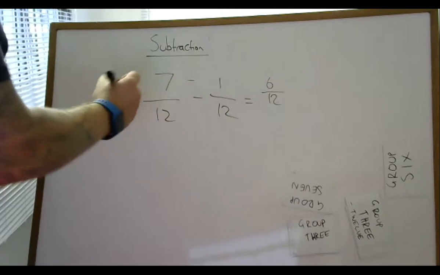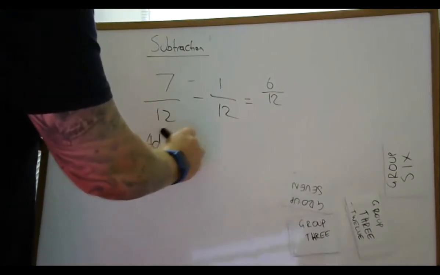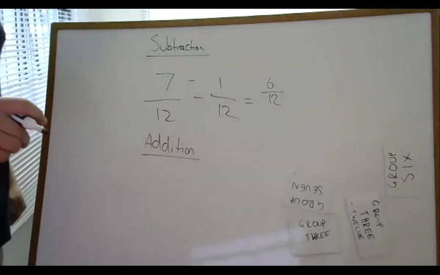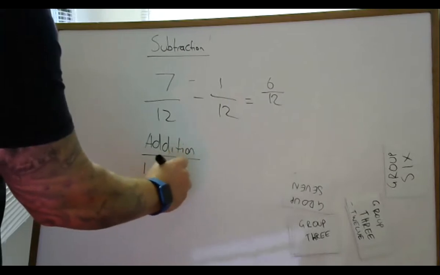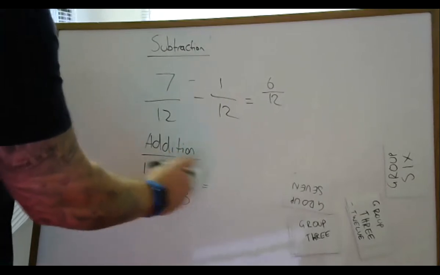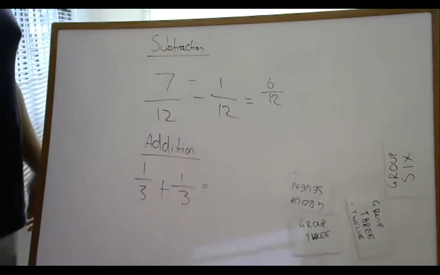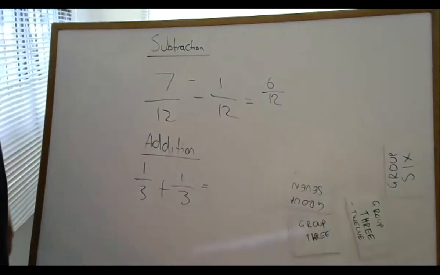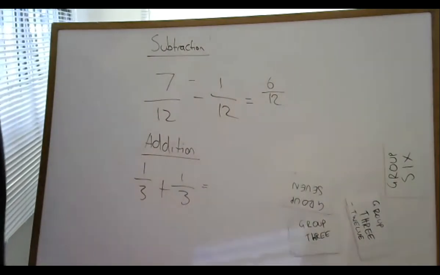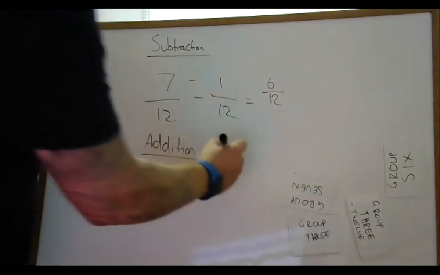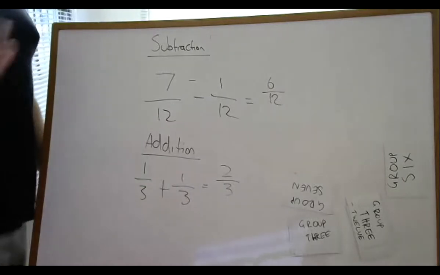If we have addition, let's make it simple. 1 over 3, which would give us 2 over 3. If the bottom number is the same, we do not change it.